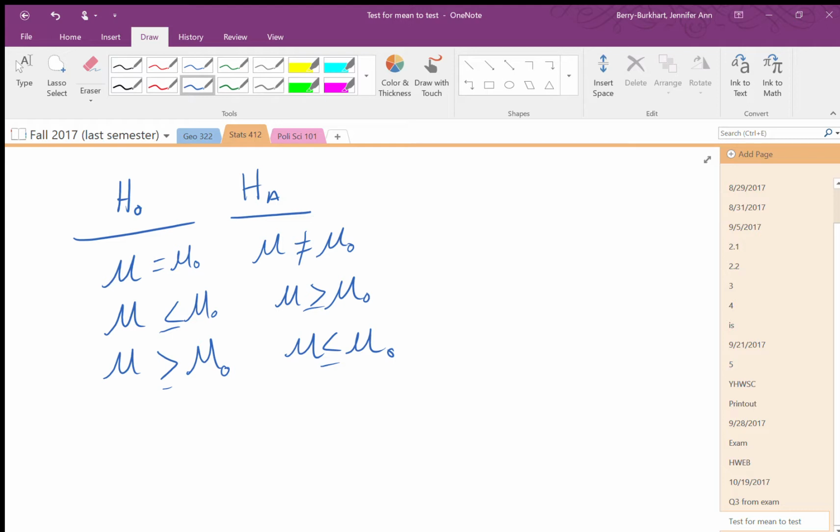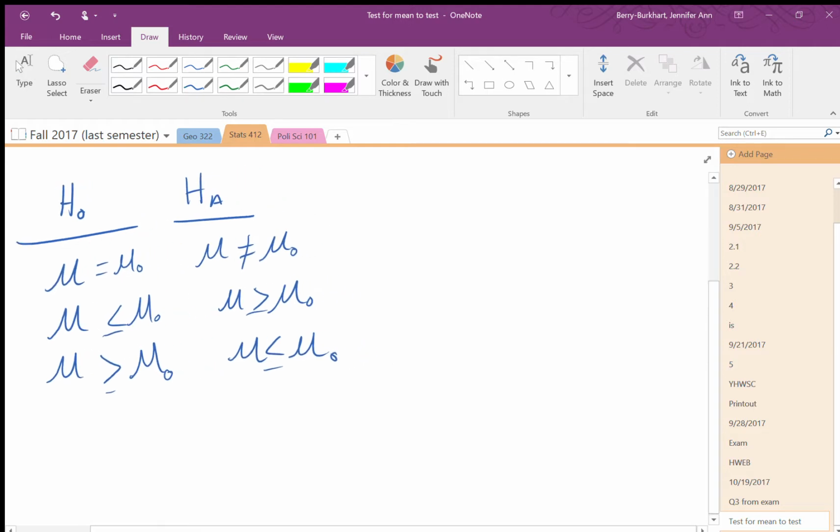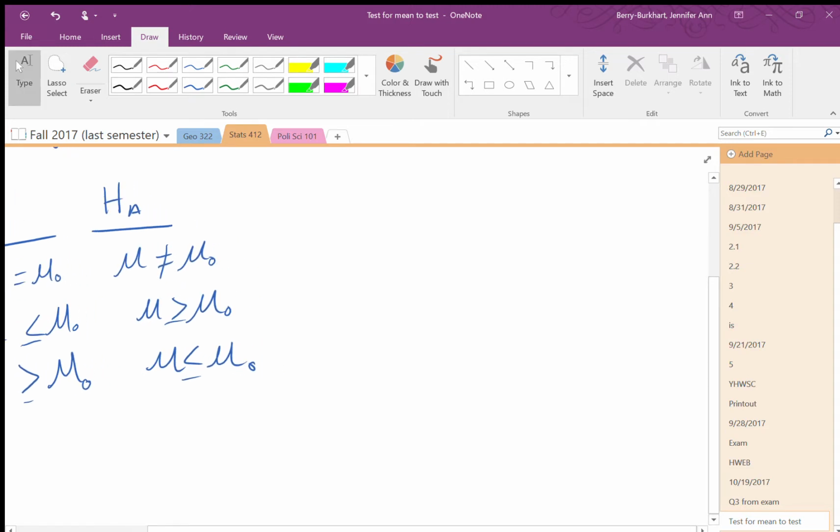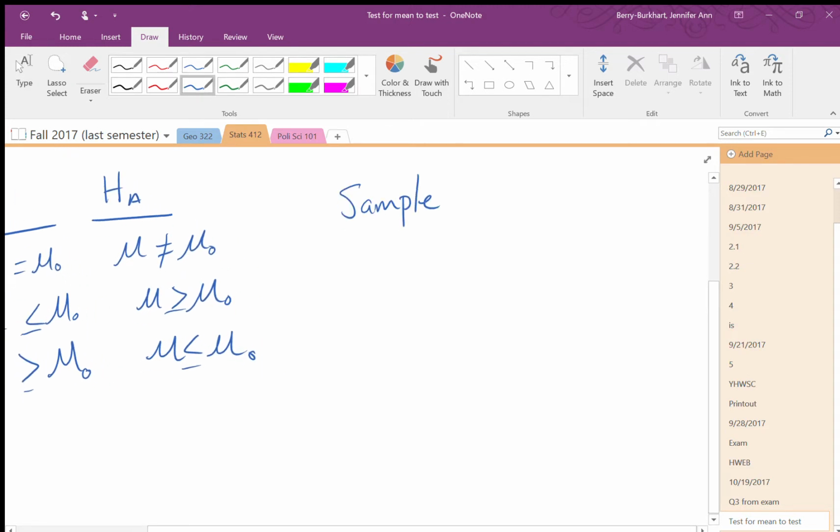And so what is it that we're actually doing then? When are we going to accept H under this scenario? What we do is we get a sample of size n, and say we want to do a test at alpha, whatever alpha is going to be.